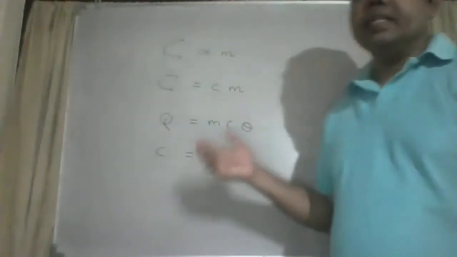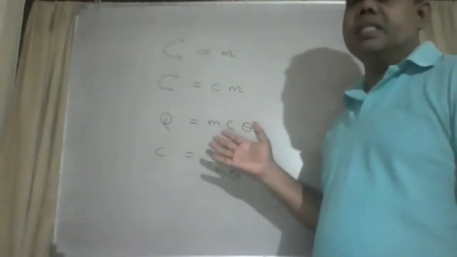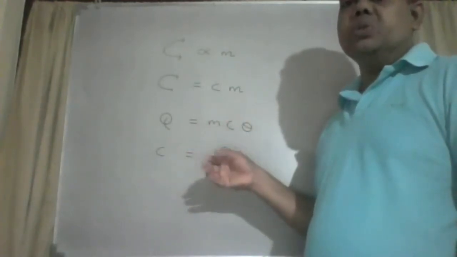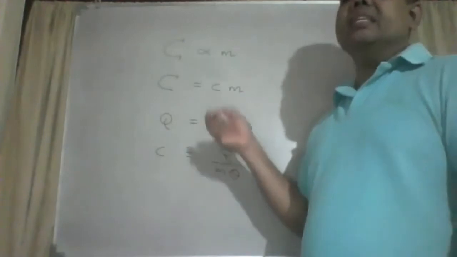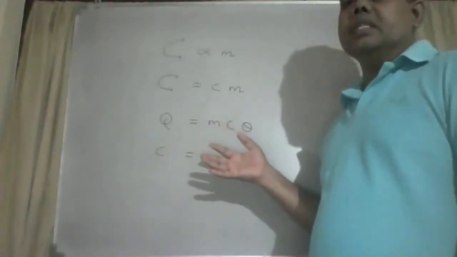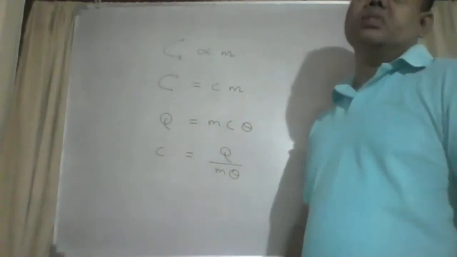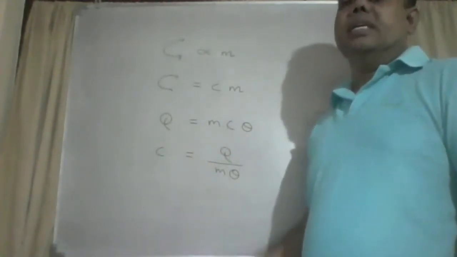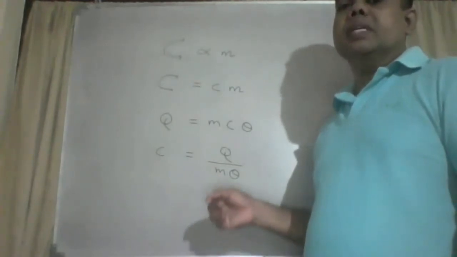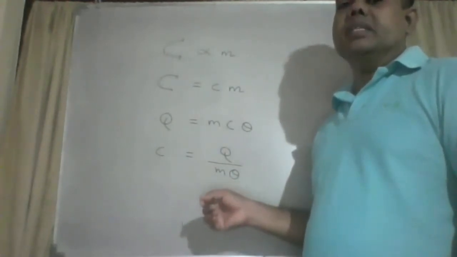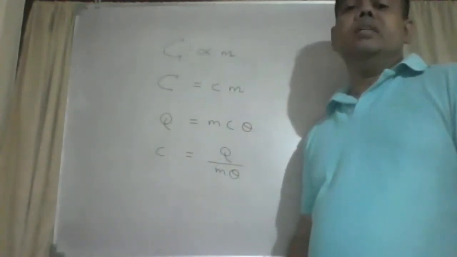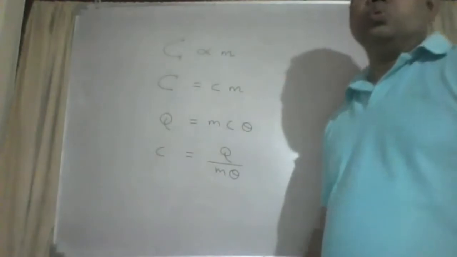Therefore, we can define the specific heat capacity as the amount of heat energy required to raise the temperature by unit of unit mass of the material. SI units will be joules per kilogram per Kelvin. Dimensions L squared T minus 2.